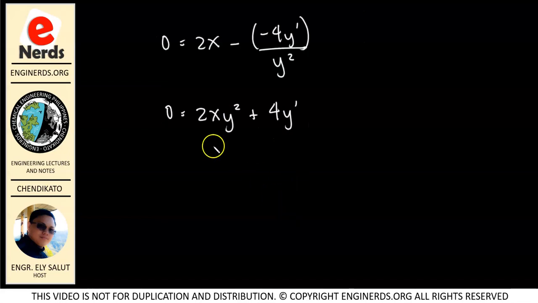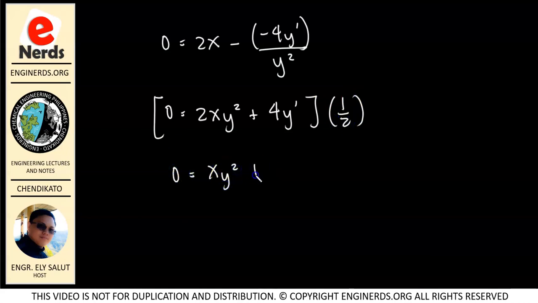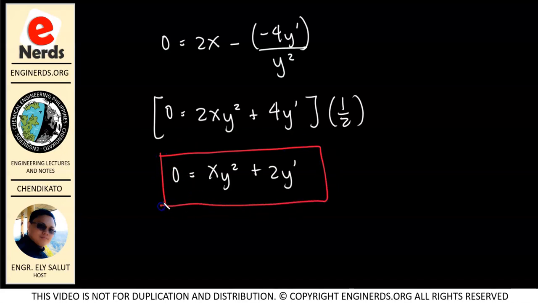But since our terms here are still divisible by 2, so we can still simplify this by multiplying both sides by 1/2. Okay, so I have 0 is equal to x y squared plus 2y prime. Okay, so this is our final answer for this problem.